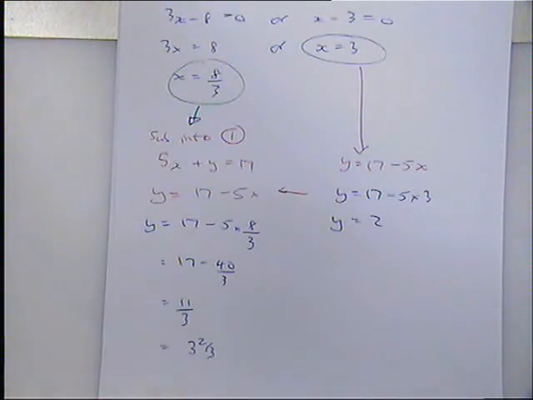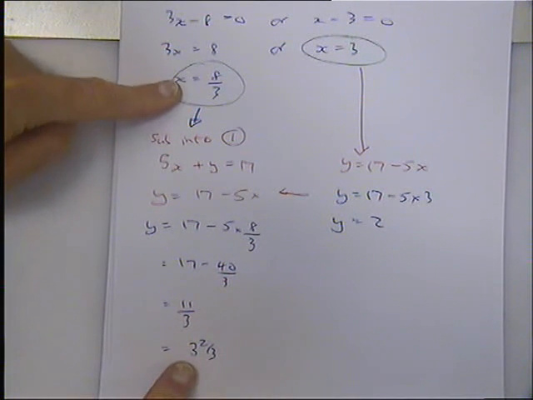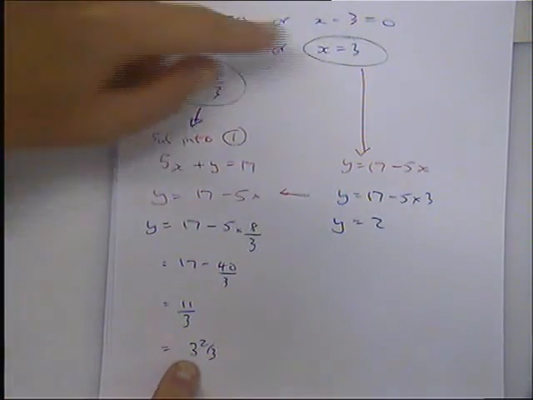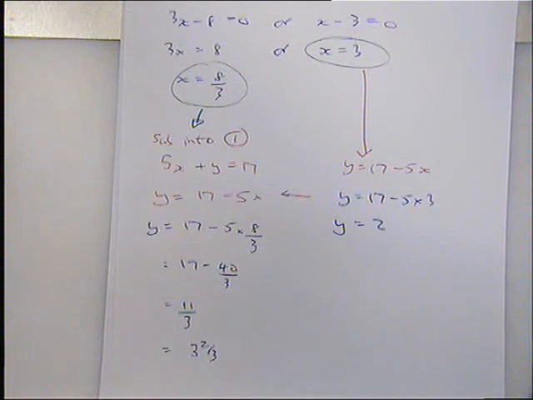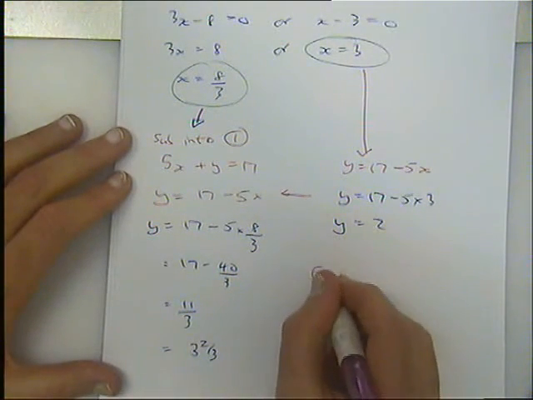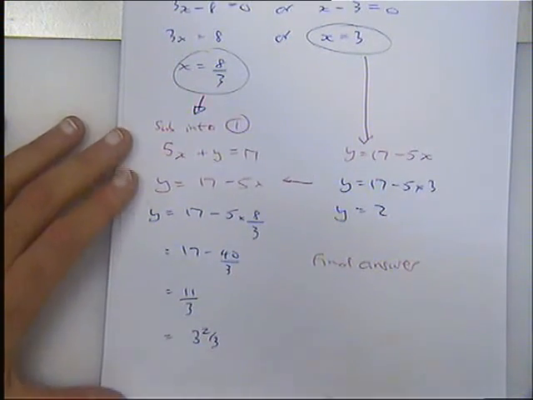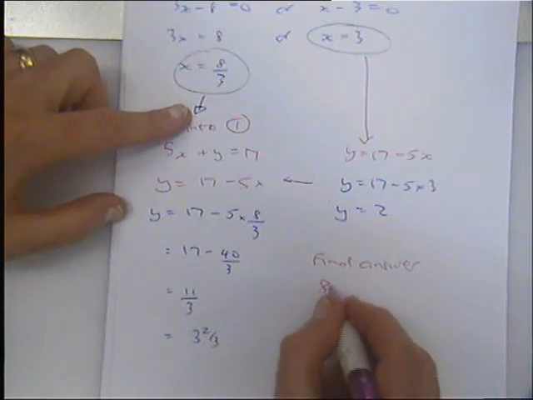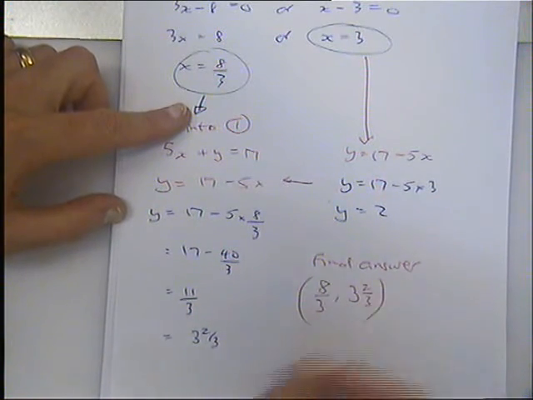Y is 2. Right, now, you need to make sure that this x number sticks with this y number. That x number sticks with that y number. They are not interchangeable. So our final answer, you can either give it as a coordinate pair. The first one was 8/3, 3 2/3.